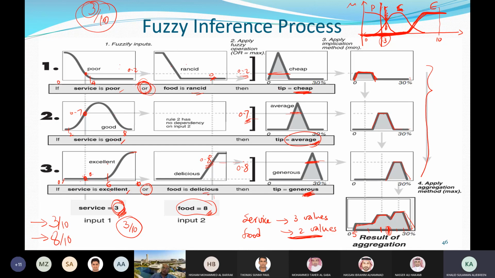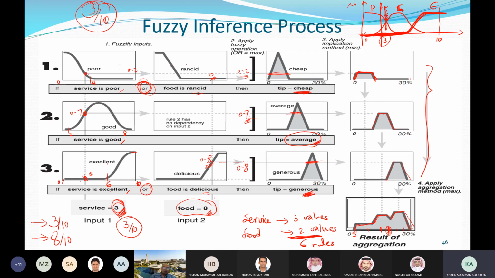Khalid: If we are considering only OR, I think it will be 6 here. Yes, 6 rules. But if we are also considering AND, it will be 12: 6 for OR, 6 for AND. No, you cannot say AND and OR at the same time. So it will be 6.